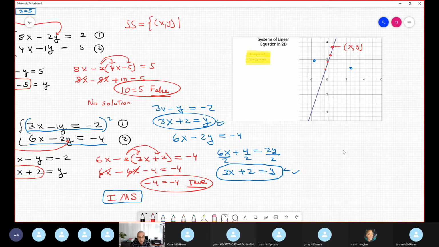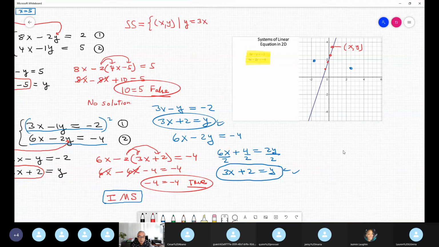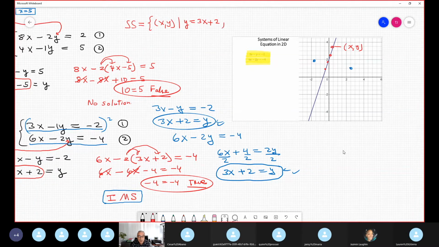You isolate one variable, for example y, so I know that y is equal to 3x plus 2, comma, and x is completely independent. O sea, x is all real numbers. This is one way to express the final answer in the infinitely many solutions.